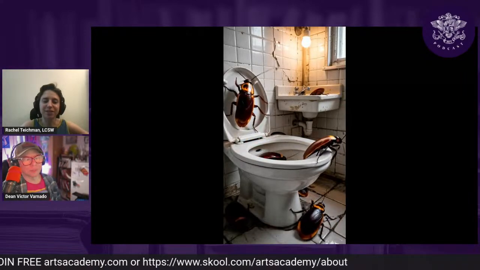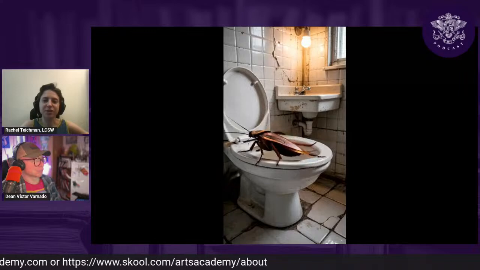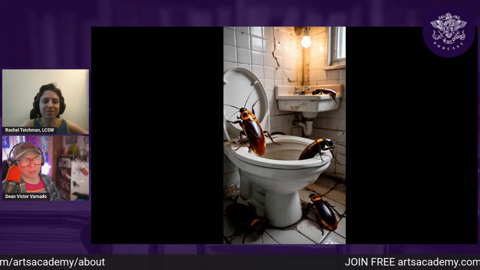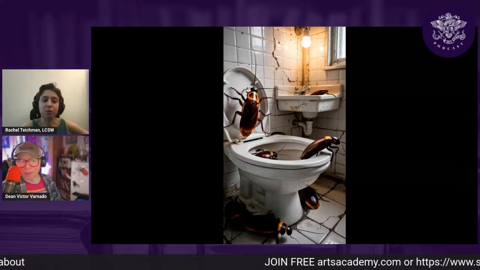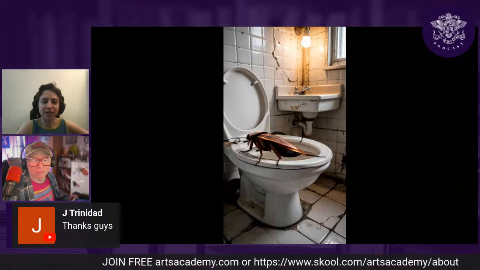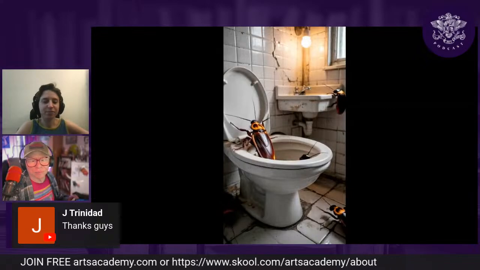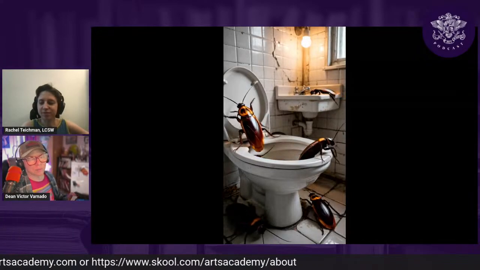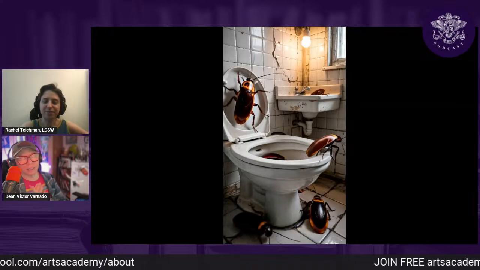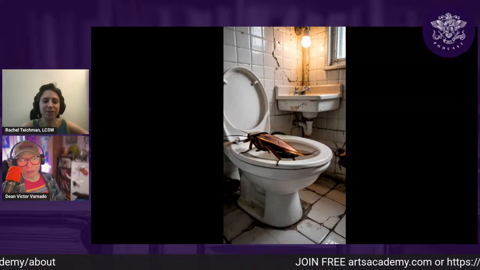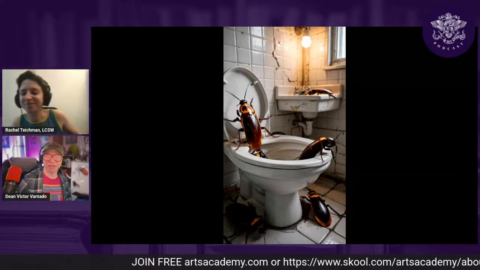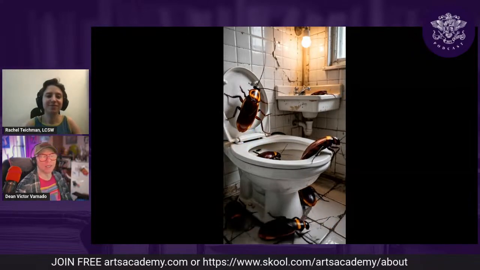I know snakes are a thing in other places. When have rats come out of the toilet in New York for you? Not for me personally, but I know it's a thing that happens. Jay Trinidad, welcome back. Jay Trinidad says, thanks, guys. You're very, very welcome. But yeah, Google it right now. Rats coming out of the toilets. It's a thing. Yeah, rats can swim. It's a whole thing. I'm not as interested in that.